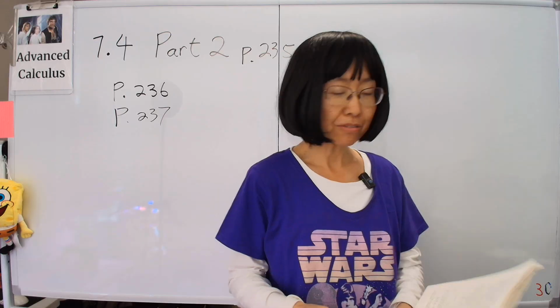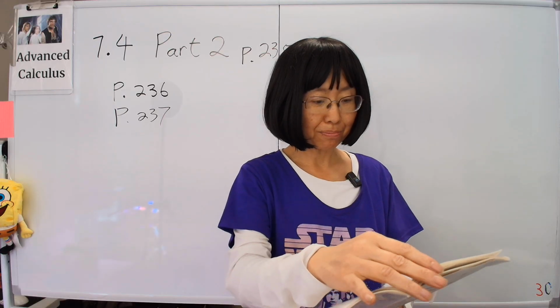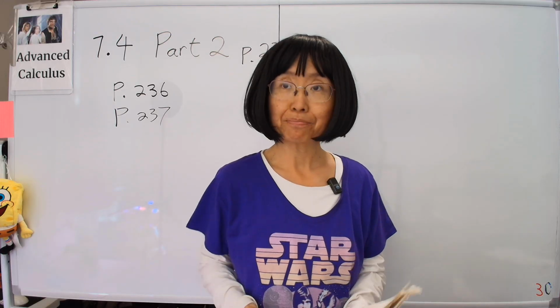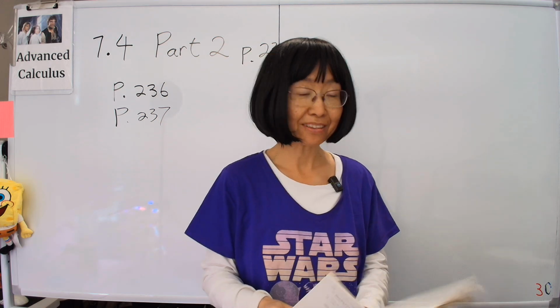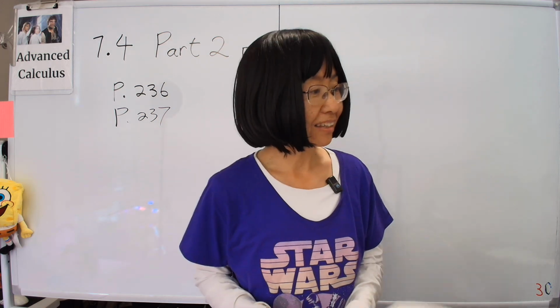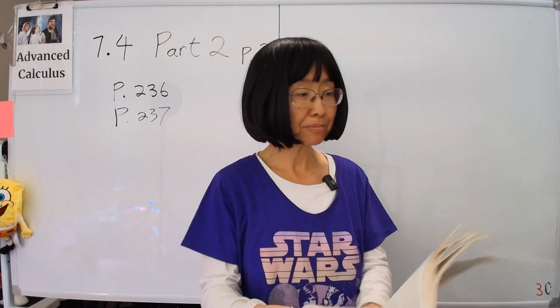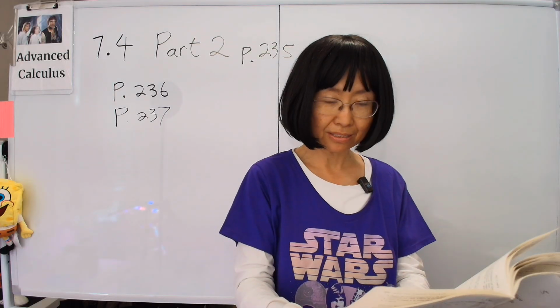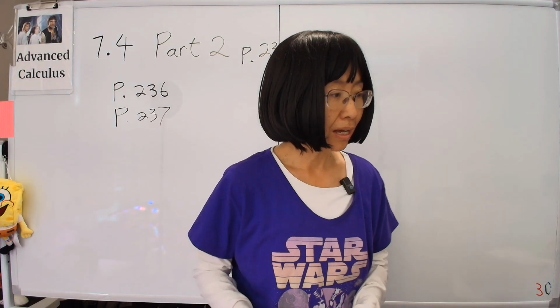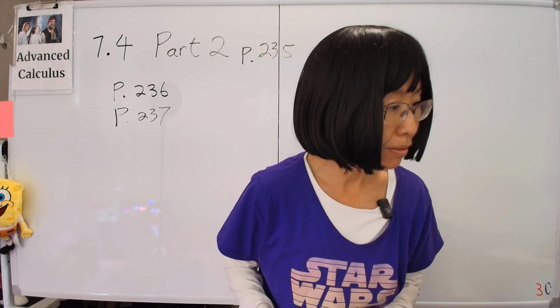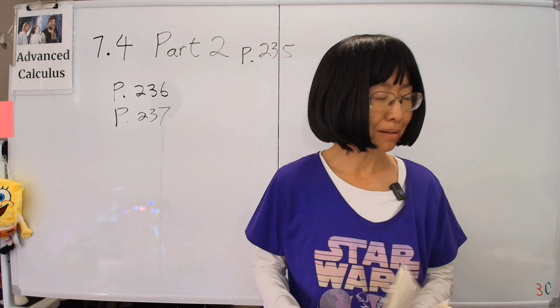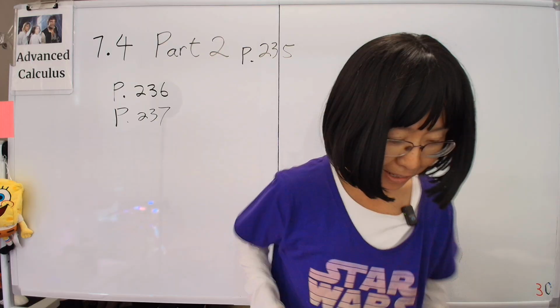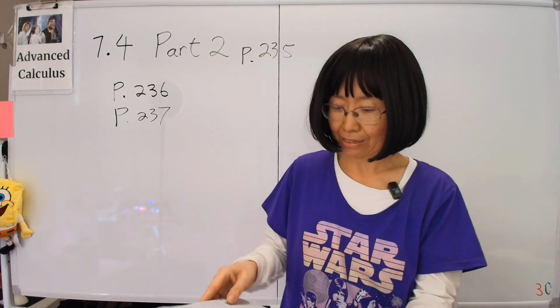For homework, first please do example D on page 236 on the previous page. Make sure you do that. I thought it was great fun to do. Then the regular homework on the next page, 237. Please do every problem except problem 9. Let me show you my notebook here, which I have written down.